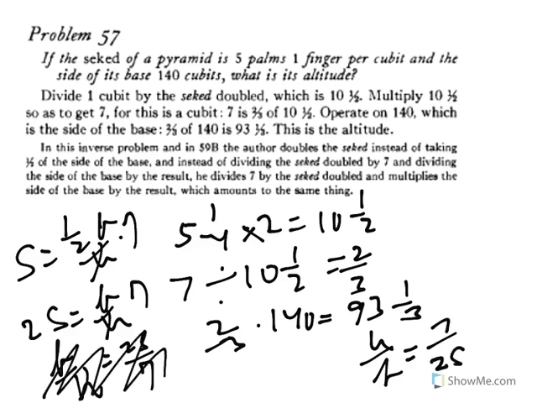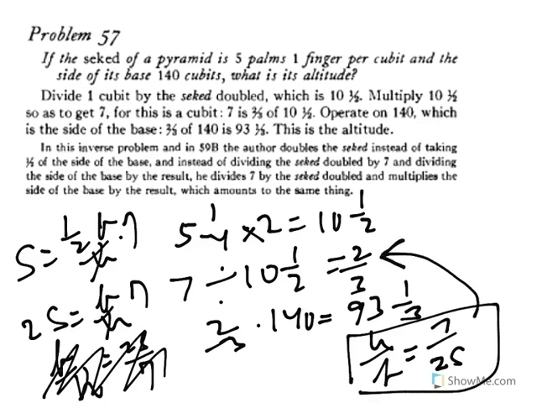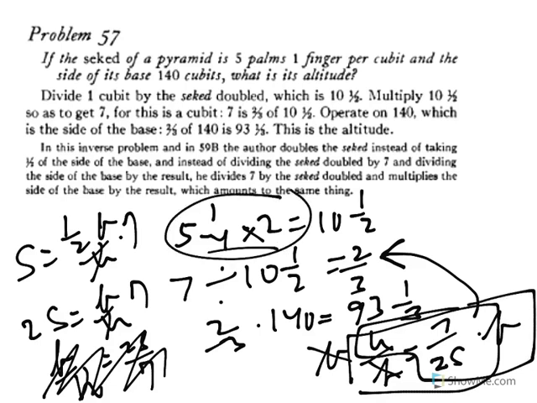Either way, I think they did it the second way. And that's where the division happened. But then they multiplied by the base to get the actual height. If I multiply both sides by base, these cancel out. So height is 7 over 2s times b. That's exactly what happened. They did 2s, they did 7 over 2s, and then they did times b.